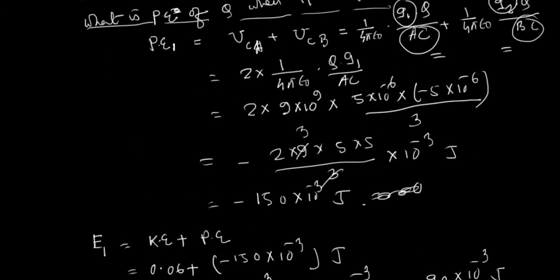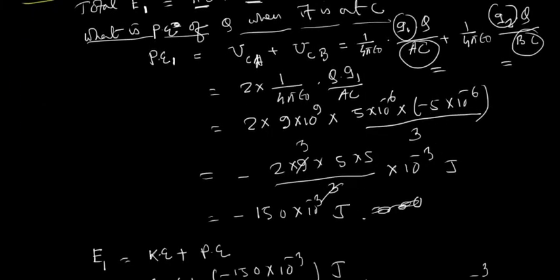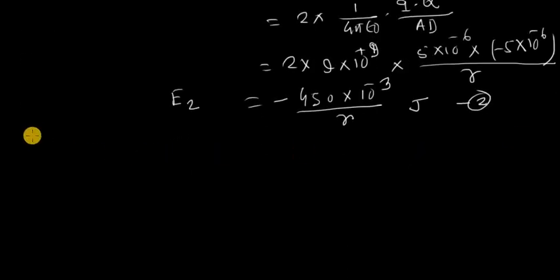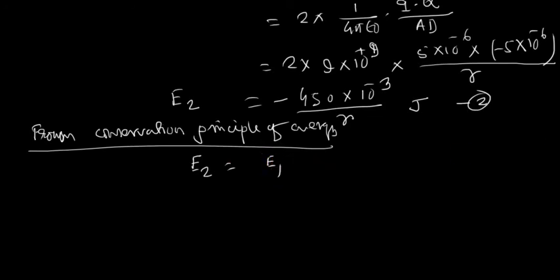Now from the conservation principle, total energy at C and total energy at D are equal, since electric force is a conservative force. Conservation principle of energy. You know that electric force is a conservative force, so energy at point D and energy at point C should be equal.